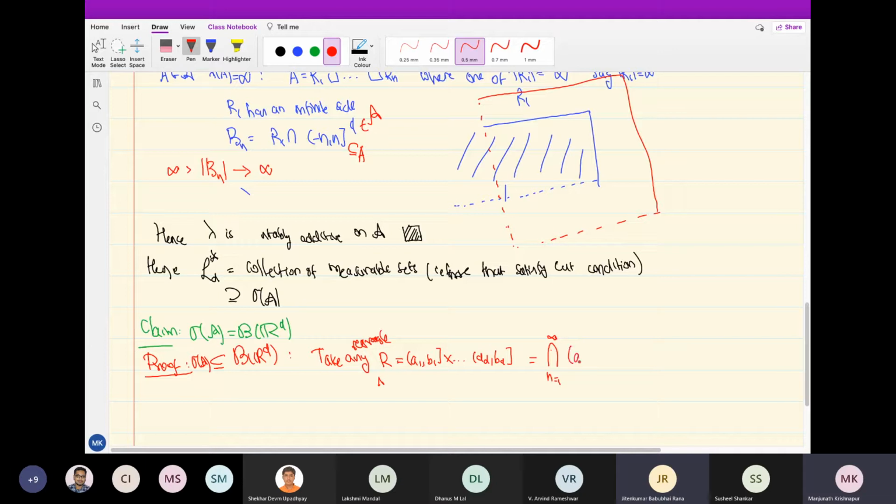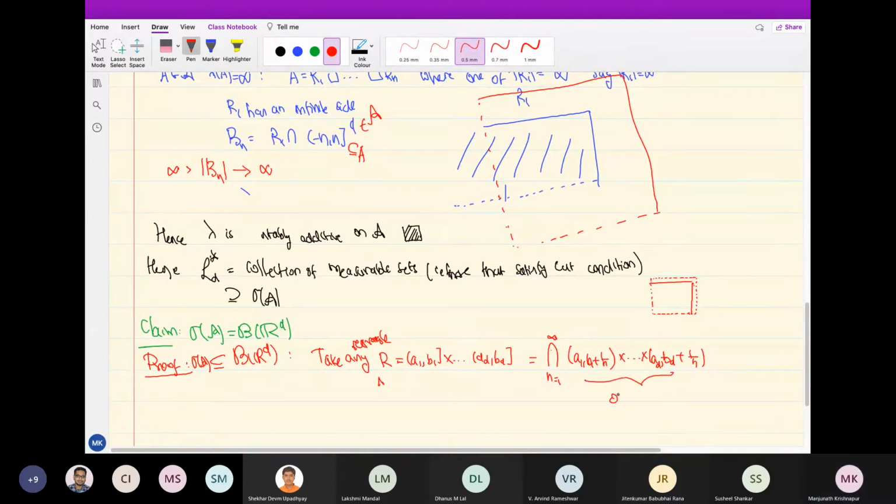You take it as a1 to b1, and we extend it a little bit: left open, right closed, so we extend it a little on the top and right. That gives us an open set, extended by 1/n, and then we take the intersection over all n. Then we get exactly that.